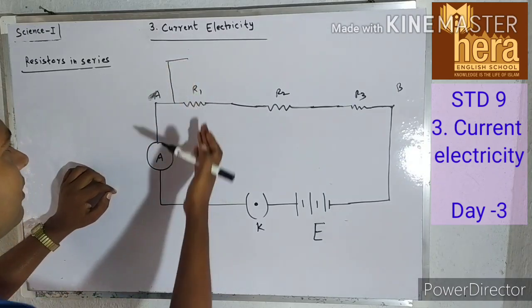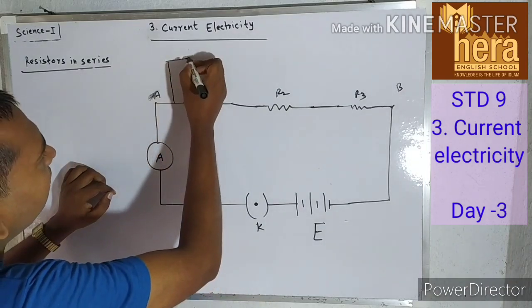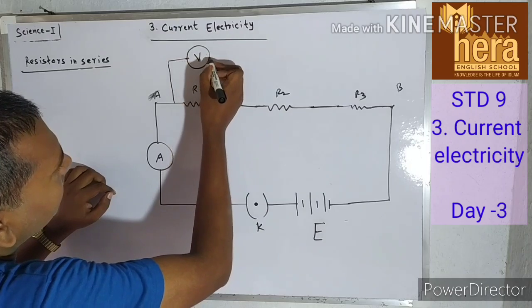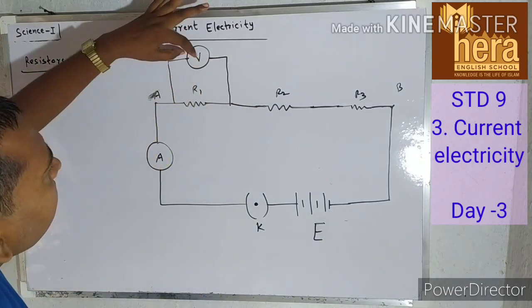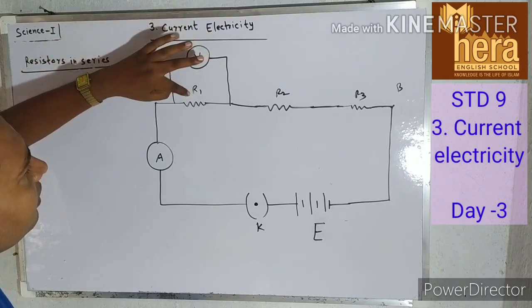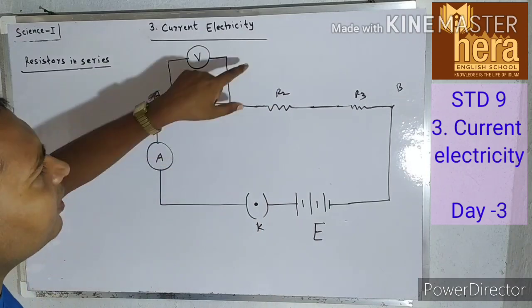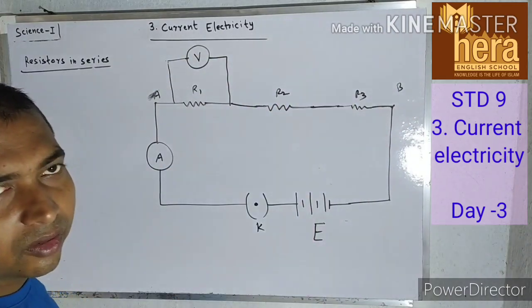Across R1, or you can take across R2, here a voltmeter is connected. Here a voltmeter V is connected across resistance R1. You can connect V2 here, voltmeter 2, voltmeter 3, no problem at all.